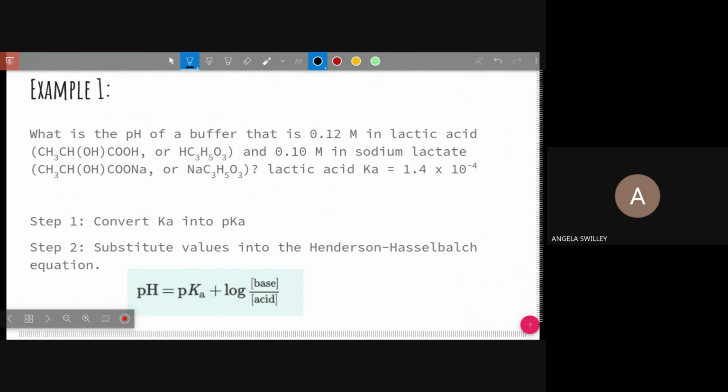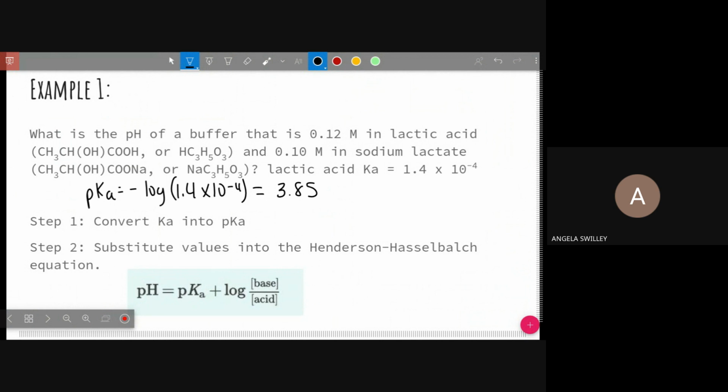It gives us the lactic acid Ka, and it wants us to find the pH. If we're going to use the Henderson-Hasselbalch, we need the pKa, and the pKa is the negative log of Ka. When you calculate that out, you get 3.85.